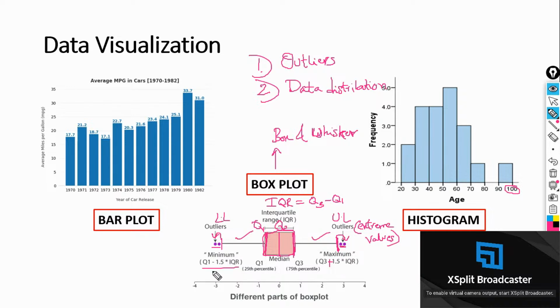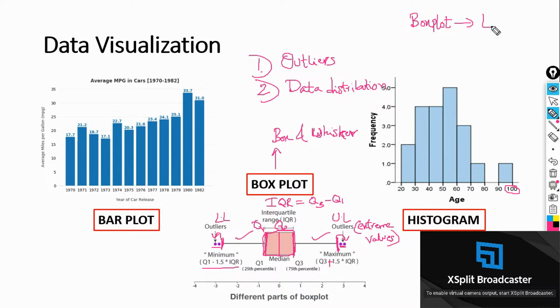Once the limits are calculated, you can identify whether we have outliers in the data or not. Clear? I'll explain one more time. As part of the box plot, let us talk about the components of the box plot.